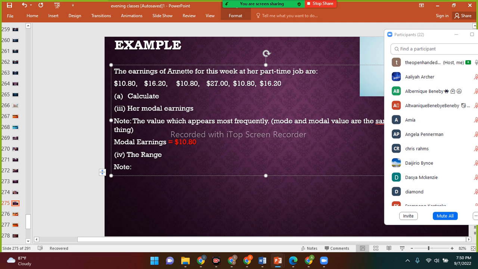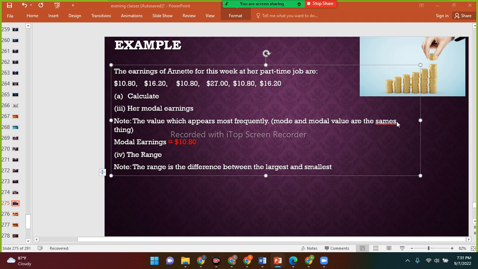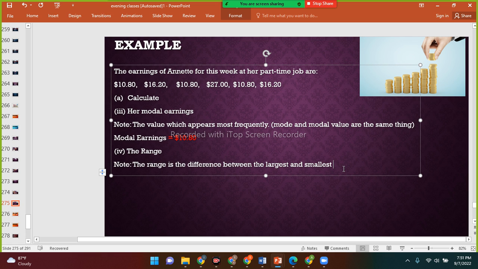So the range is the difference between the largest and smallest value in the data set.